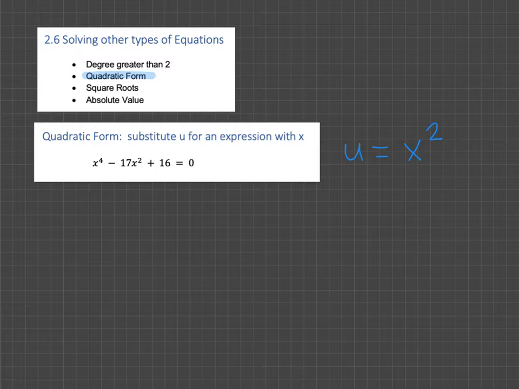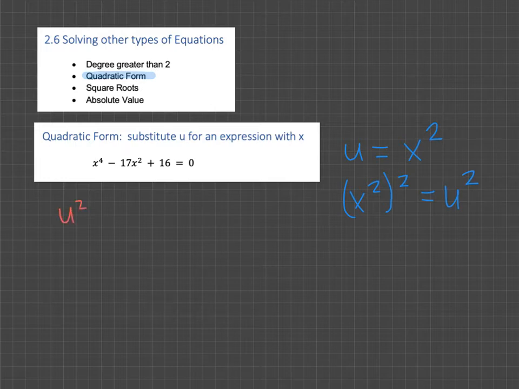So if we use u to stand for x squared, then let's look at what happens when we square x squared. We get u squared. Okay, let's rewrite this equation. So x to the fourth can be written as u squared.